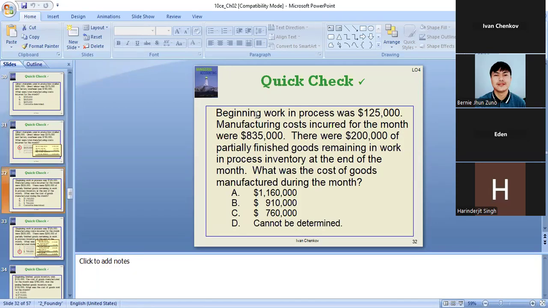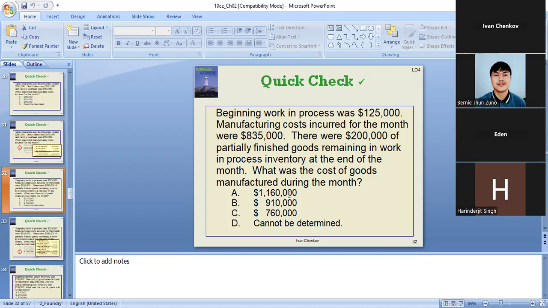Now let's see. Beginning balance on the work in process is 125. Manufacturing cost for the period is 835. At the end of the month, there were 200 partially finished goods that's sitting at the ending balance on the work in process account.